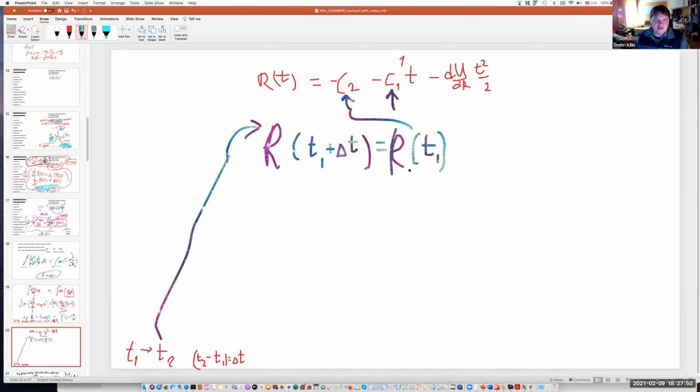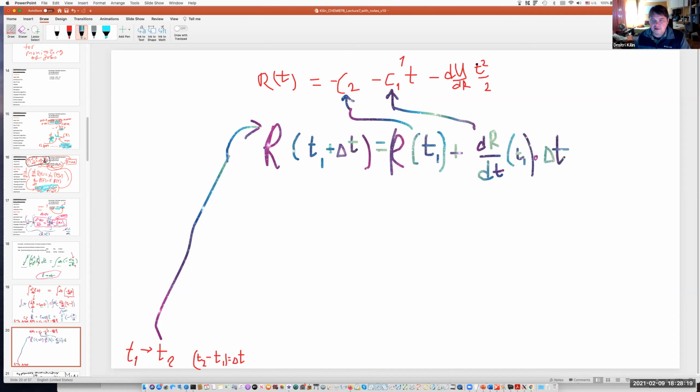If one takes the derivative at time increment equals 0, one will find that the constant C1 will be the velocity at time 1, multiplied by delta t.